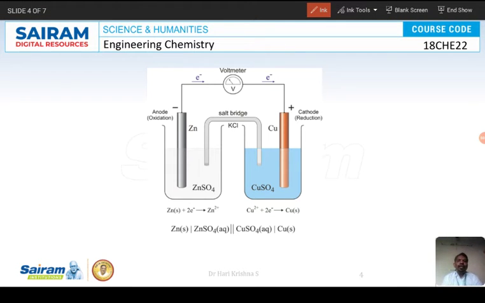At the zinc electrode, zinc undergoes oxidation to give Zn2+ and 2 electrons. These 2 electrons will move towards the cathode.